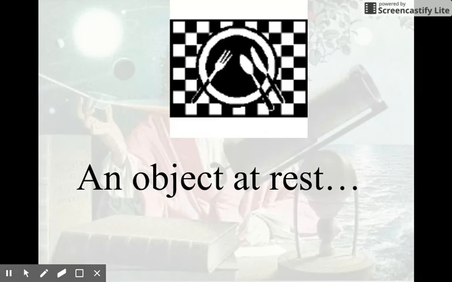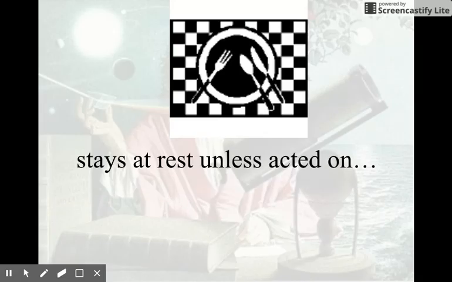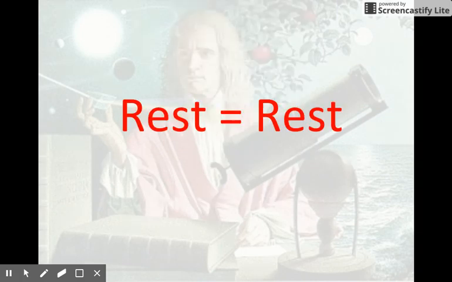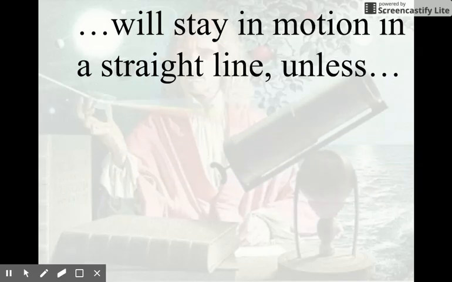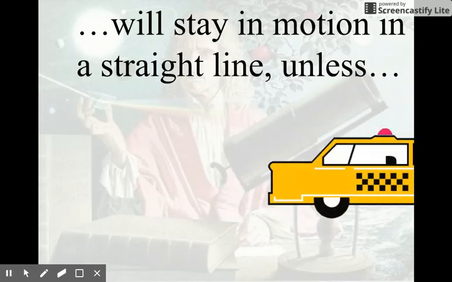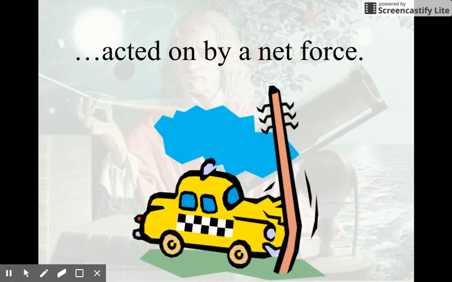So we have to remember Newton's first law. An object at rest is going to stay at rest unless acted upon by a net force. And inertia also says that if we have an object in motion, it's going to stay in motion in a straight line unless a net force acts on it.